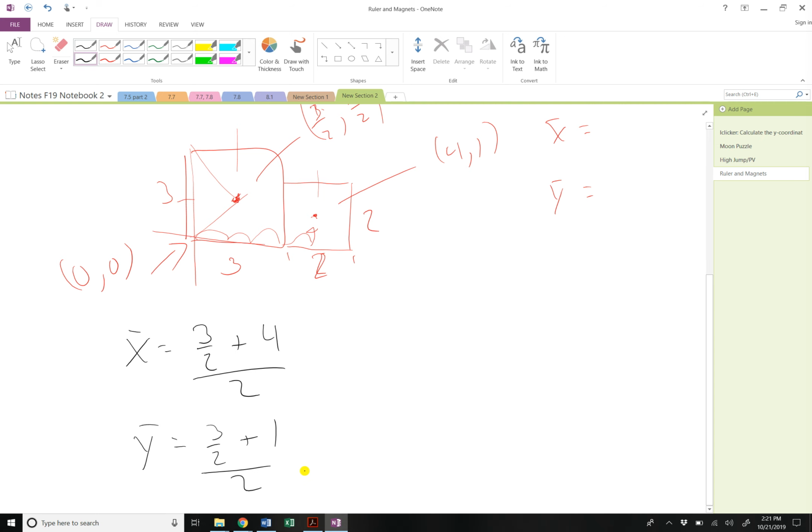Okay. So I wrote down x bar as the average of the x coordinates and y bar as the average of the y coordinates. If you did this, that's incorrect.